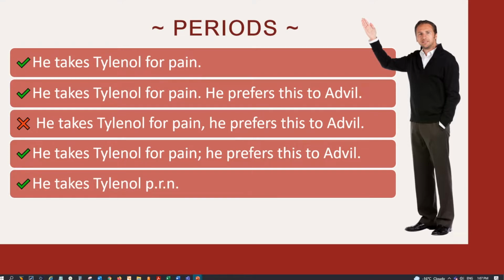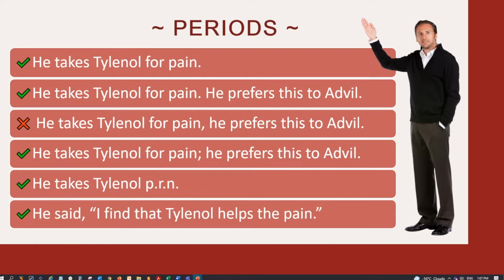I wanted to show you an example that ends in a Latin lowercase abbreviation, so that's just PRN. A common error that I will see is that people want to put another period at the end of that. So if your sentence ends in a Latin lowercase abbreviation, then the period that comes after that last letter just doubles as your terminal punctuation. So you don't need to add another period.